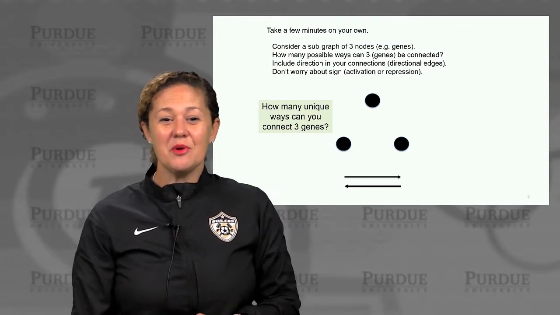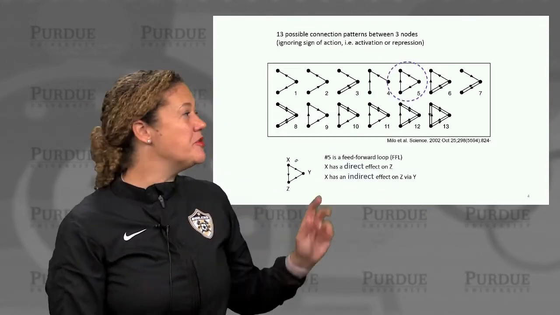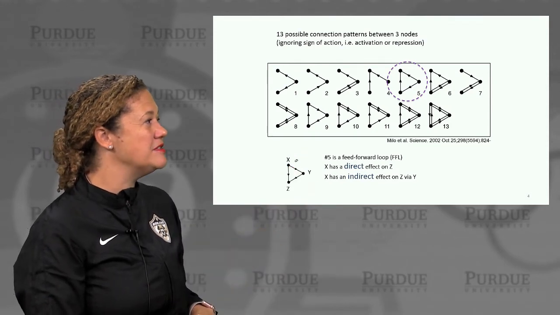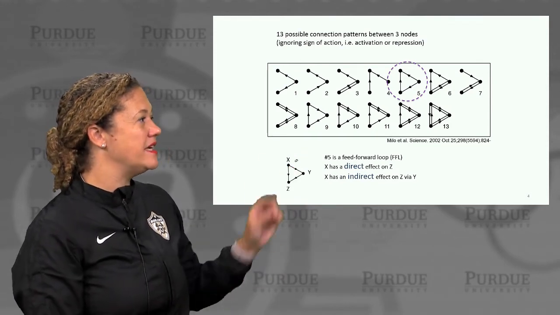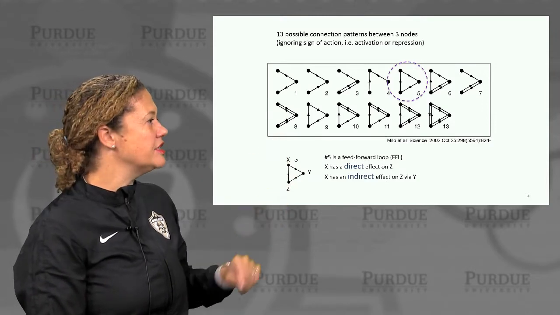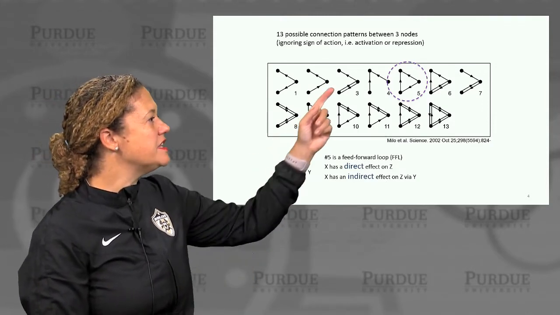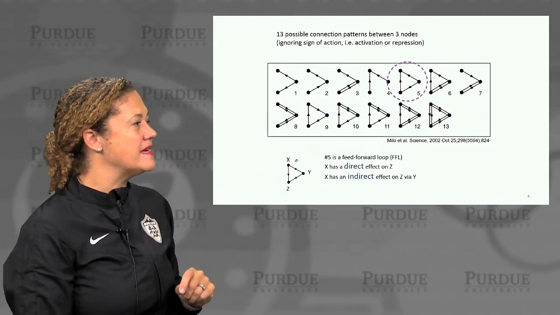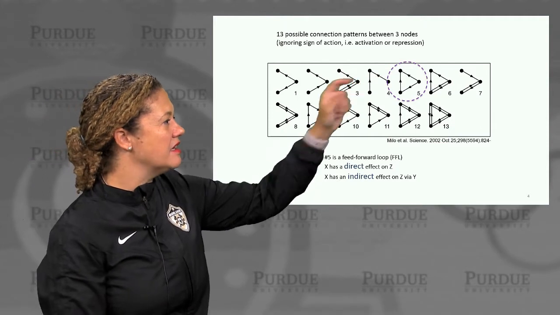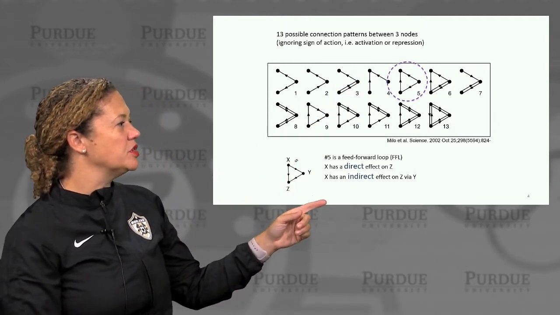Okay, now that we're back, hopefully you came up with something close to these 13 possible connection patterns between these 3 nodes. Again, we're ignoring sign, activation, or repression, but we are looking at direction. And if we look at these 13 different possible unique connections, number 5 here is our feed-forward loop.